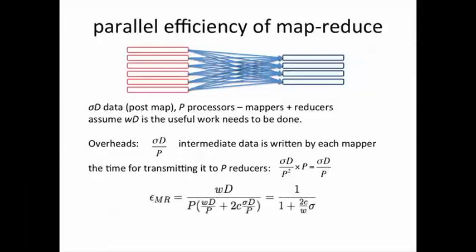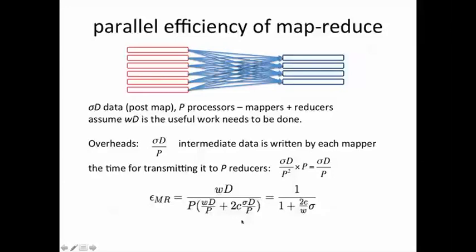Now if you look at the efficiency using this overhead, WD is the time it takes on one processor, which is the useful work that needs to be done, and WD over p if we had p processors, but we have this extra overhead of 2 sigma d over p. We've added a constant c, which essentially measures how much time it takes to write one data item to disk or to read a data item remotely from a different mapper. We've assumed both of these to be the same constant.